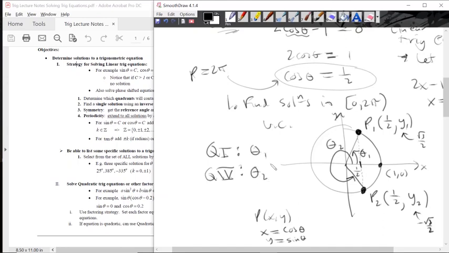The subscript doesn't have to do with the quadrant. It has to do with these being the individual solutions that we're finding, and these are each within the interval 0 to 2 pi. I'll make a note here. If we had chosen instead to call that angle our solution theta 2, that is another solution that would be in quadrant 4.